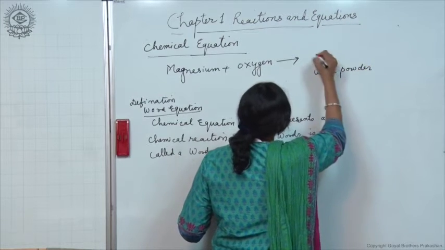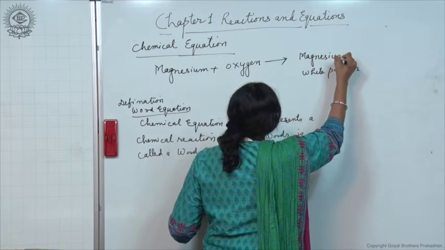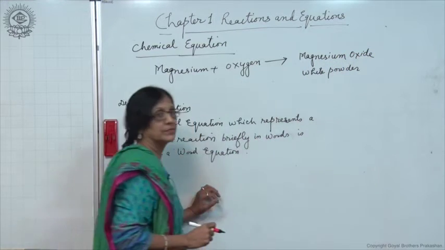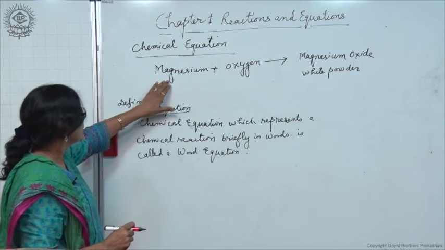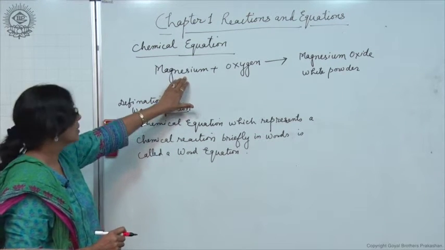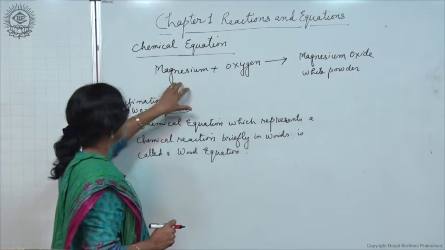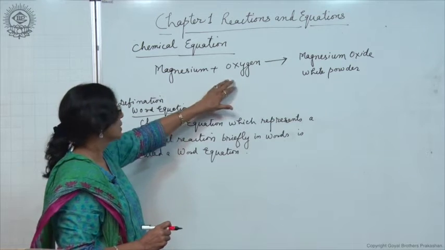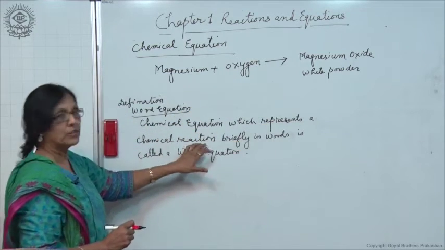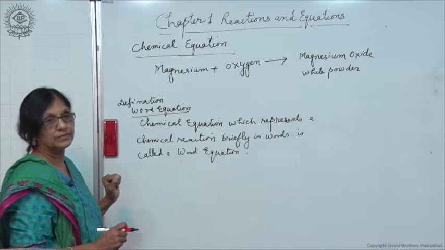It is magnesium oxide. So, we are representing the chemical reaction with the help of this equation. This is called a word equation. A chemical equation which represents a chemical reaction briefly in words is called a word equation.